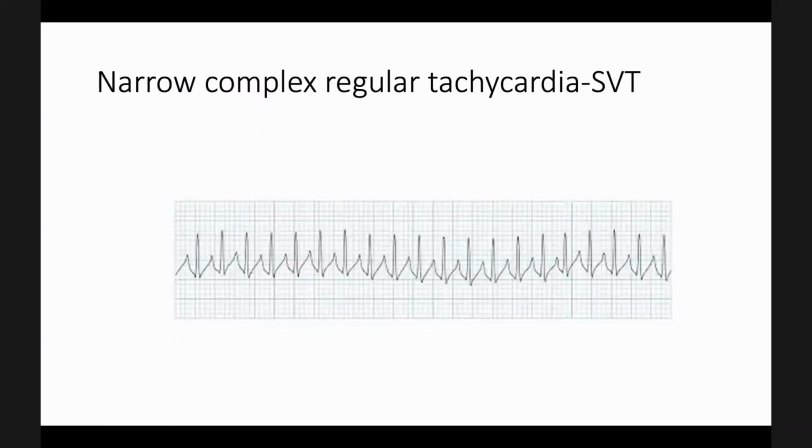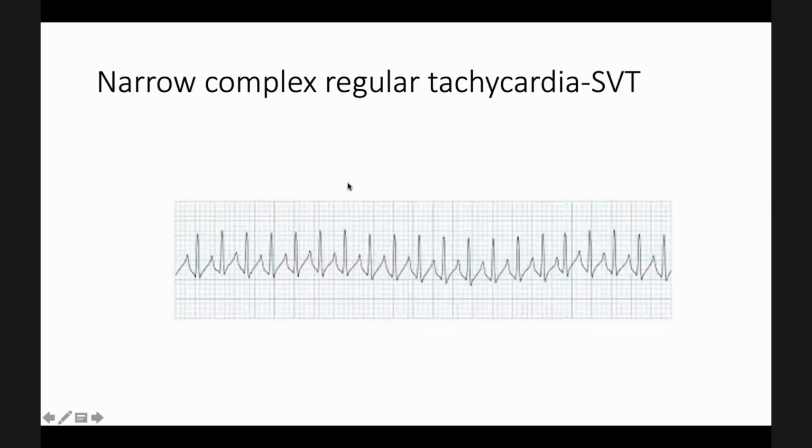For an unstable patient, there's no time for you to give drugs and wait. In that situation, you have to do the cardioversion, electrical cardioversion. So you have to give the shock.